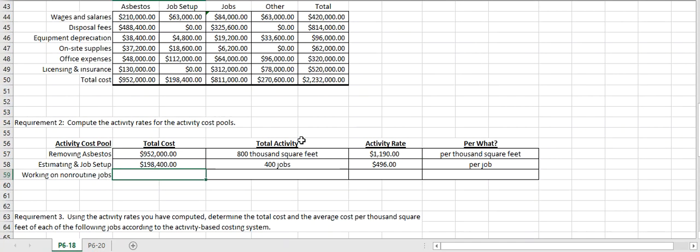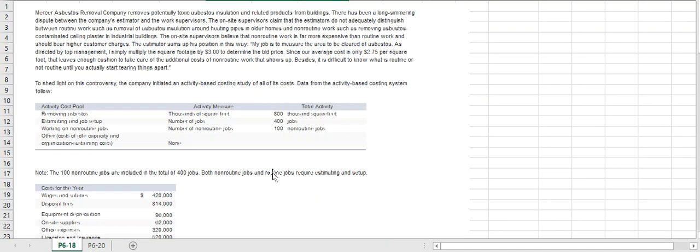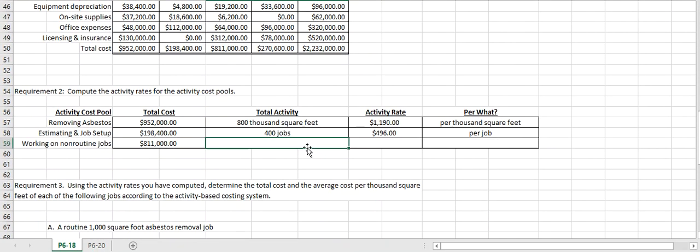Then working on non-routine jobs, we have a total cost of $811,000. That came from the chart we just did in requirement 1. Total activity is 100 non-routine jobs. So they're going to spread this cost out by the job as well, but just by the non-routine jobs. Our activity rate is the total cost divided by 100 non-routine jobs, which gives us $8,110.